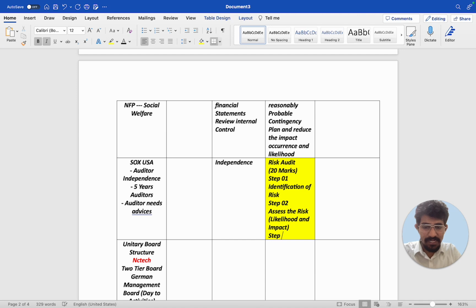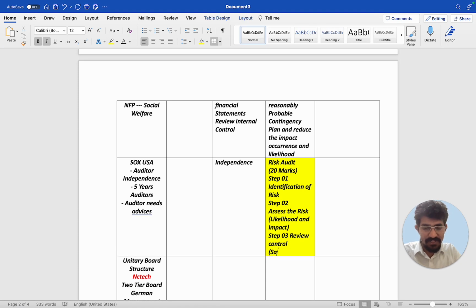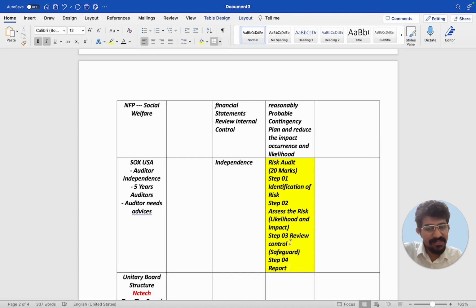Step 3 is review control, where you make sure you give a safeguard, what we can do. Finally, step 4 is the report. That is not given, but you have to do this assessment in the examination. So please make sure you are competent.